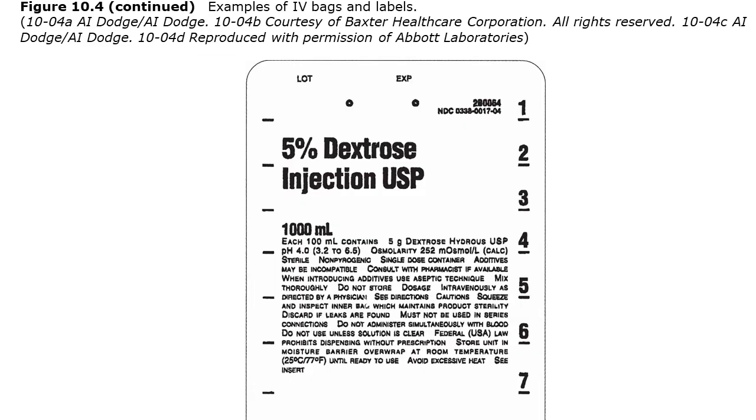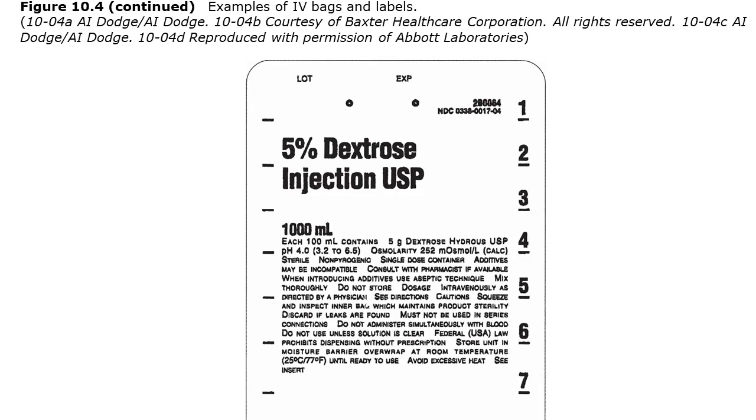IV solutions come in various types, and this again is an example of an IV bag and a label. This happens to be 5% dextrose injection, which is a bag containing 1,000 milliliters. A saline solution, for example, would be sodium chloride, NaCl, and there could be various concentrations of that particular type of salt solution.